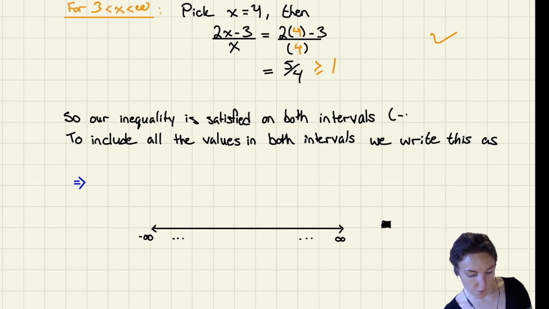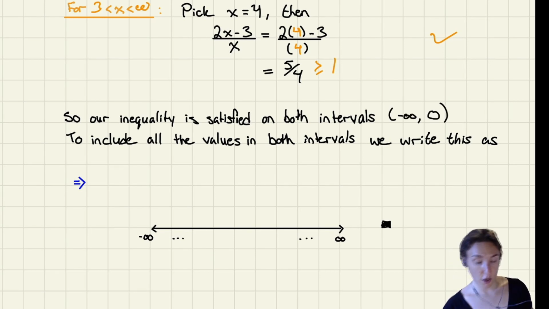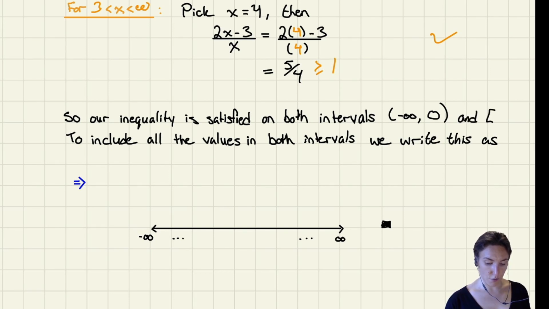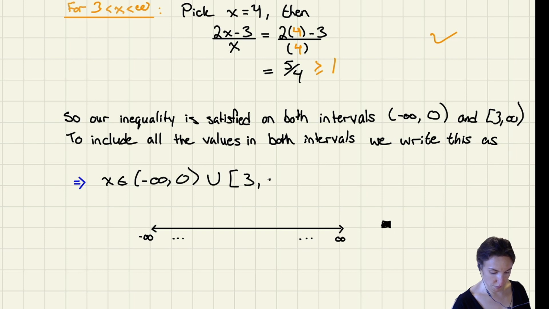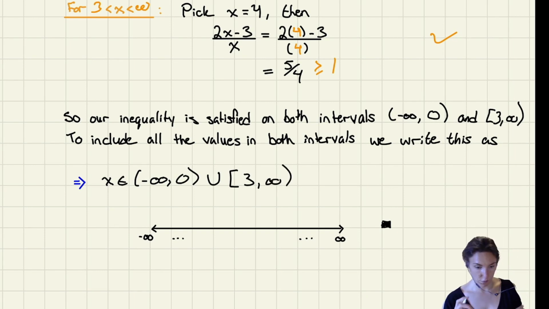So negative infinity to 0, but not including 0, was fine. And we also had 3, including 3, to infinity. We also just saw in orange there that that's also fine. So in terms of the condensed interval notation, x can be an element in either somewhere between negative infinity and 0, or 3 to infinity, including 3.